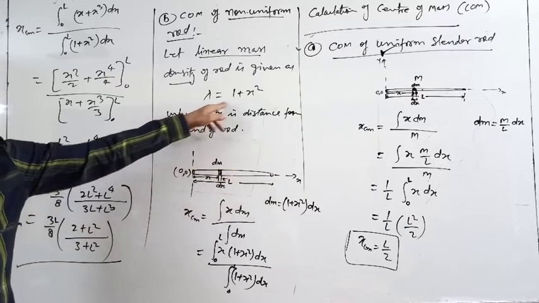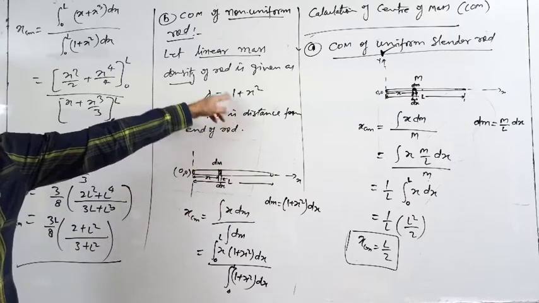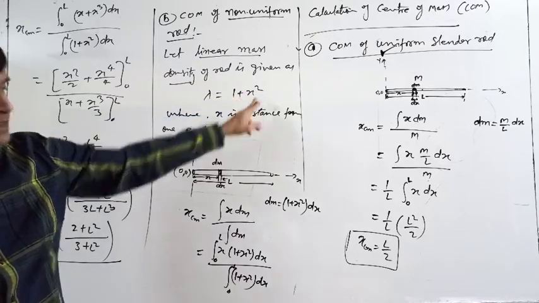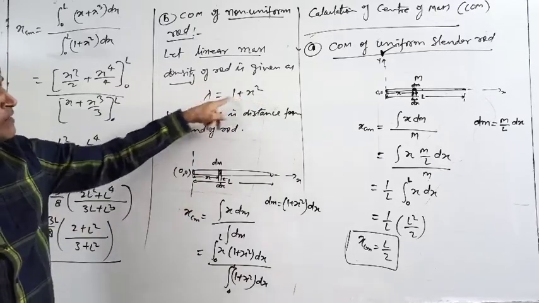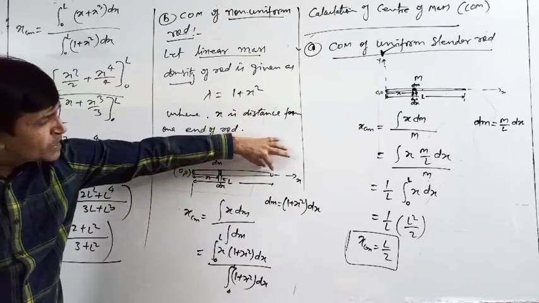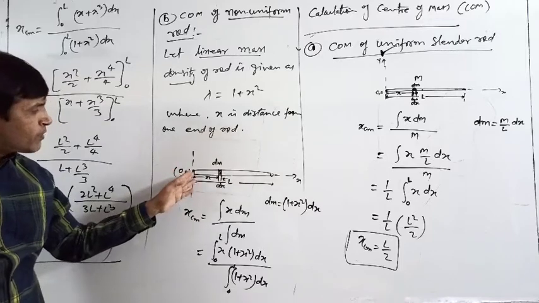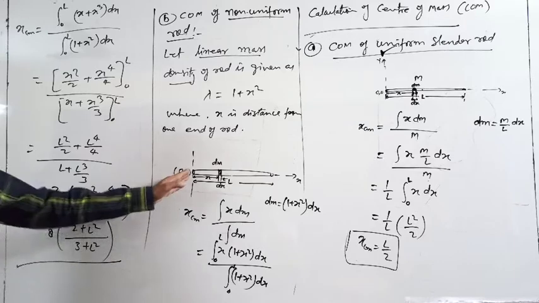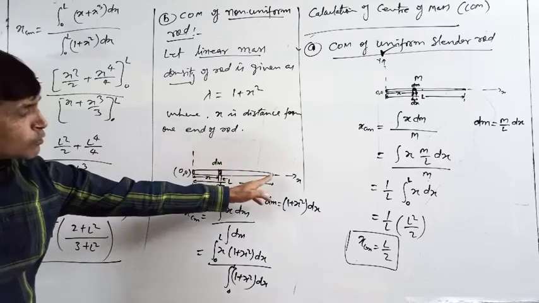But mass is not uniform, because as x is increasing, the value of lambda is increasing. It means here mass is more, here mass is more. So slowly from here to here mass is continuously increasing. The center of mass is here, very close to this end.